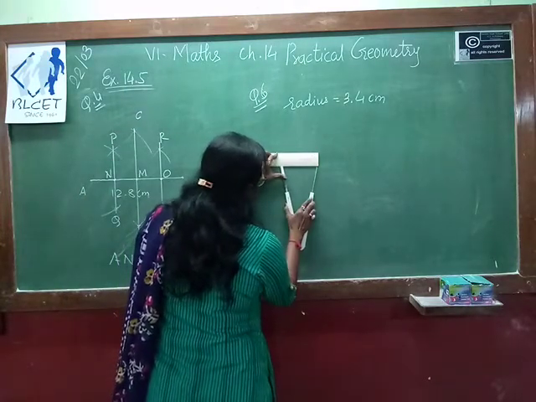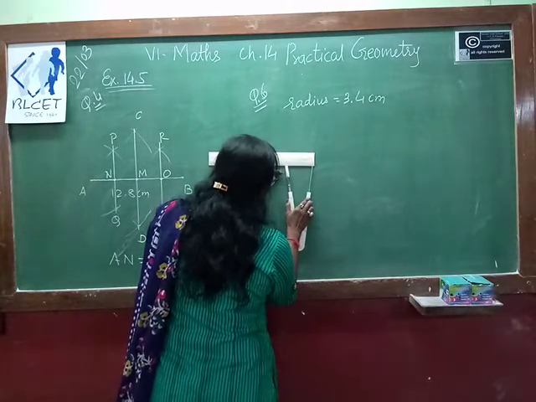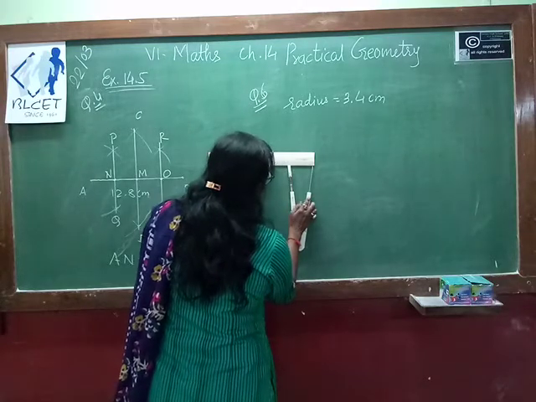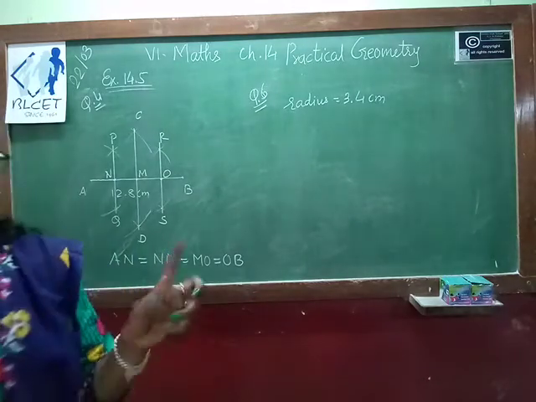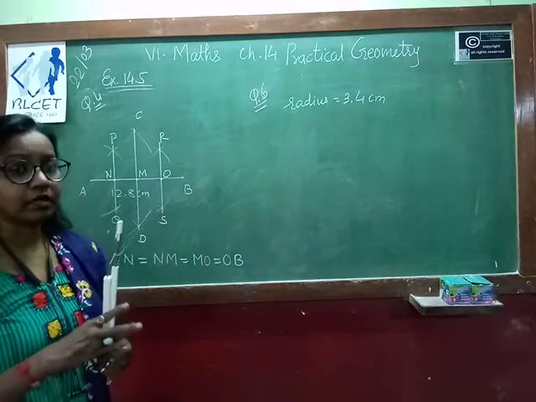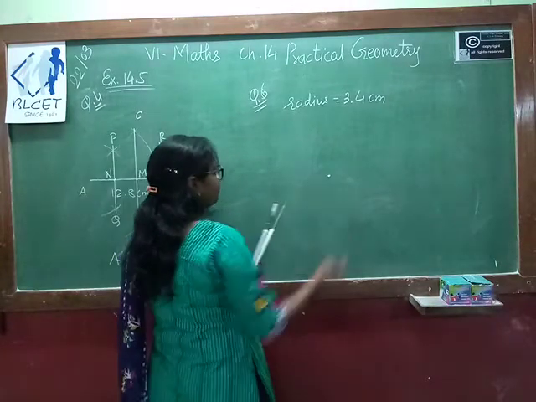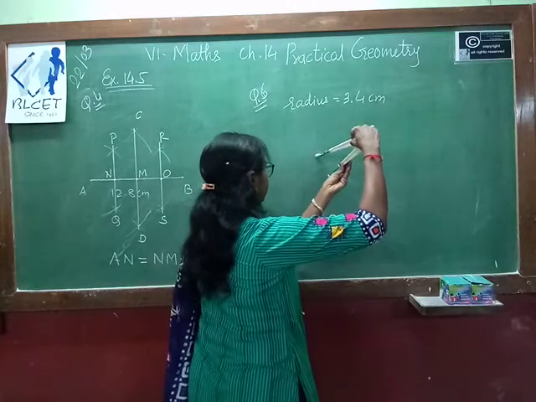This is your 0 and 3.4. It is here. So this is your 3.4. 3.4 means after 3 you have to consider 4 divisions. So first make a center. Now draw the circle.